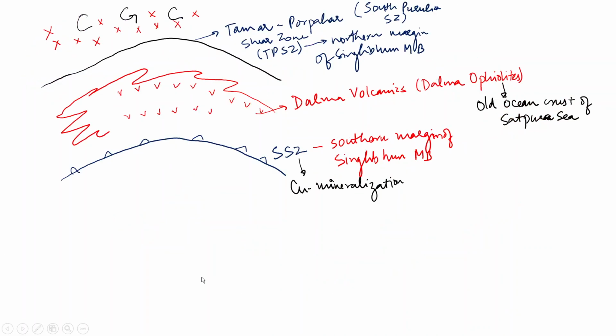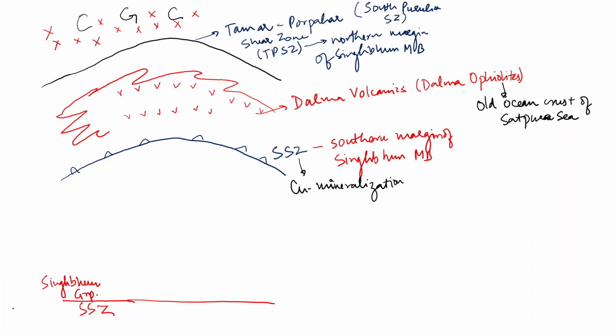While now we are going to write the Singhbhum mobile belt succession. So we start from the Singhbhum shear zone. It is followed by the Singhbhum group.